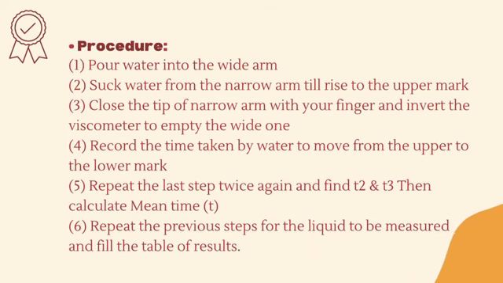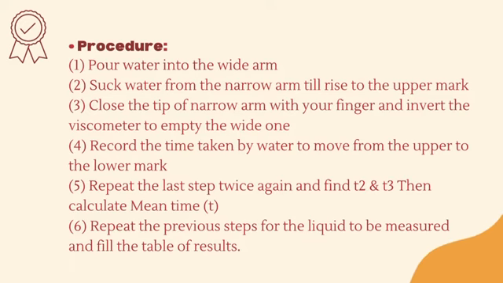Procedure: pour water into the wide arm. Suck water from the narrow arm until it rises to the upper mark. Close the top of the narrow arm with your finger and incline the viscometer to empty the wide one. Record the time taken by water to move from the upper to the lower mark.